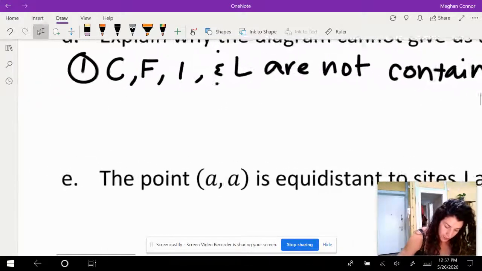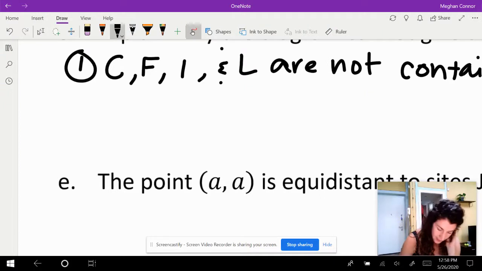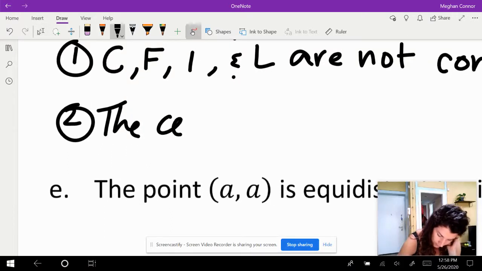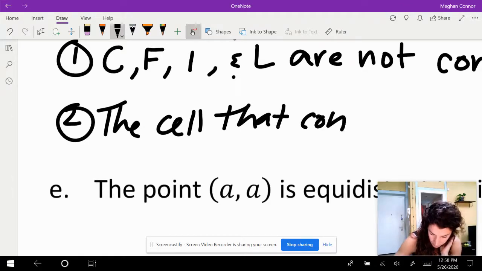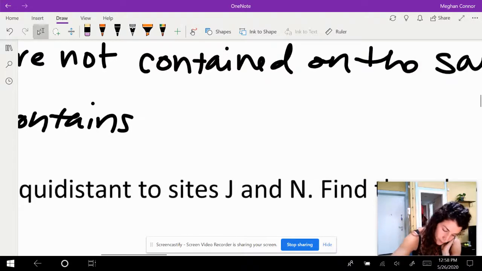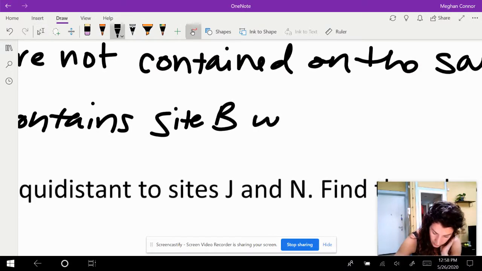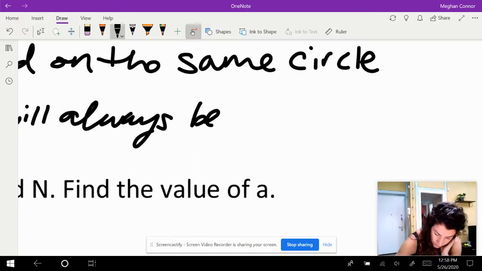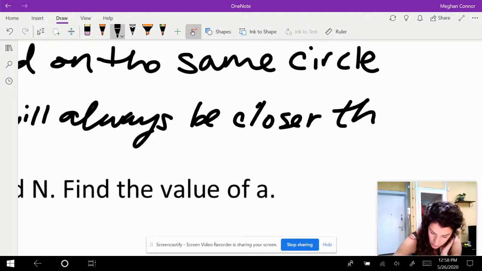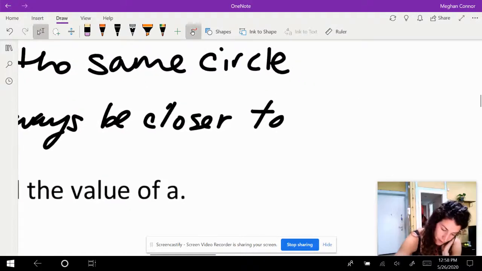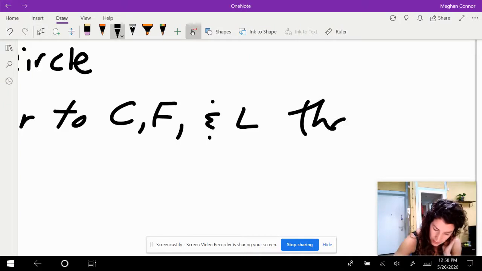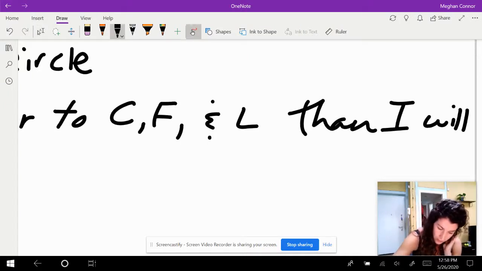And the second reason is that site B, or the cell that contains site B, will always be closer to C, F, and L than I will ever be.